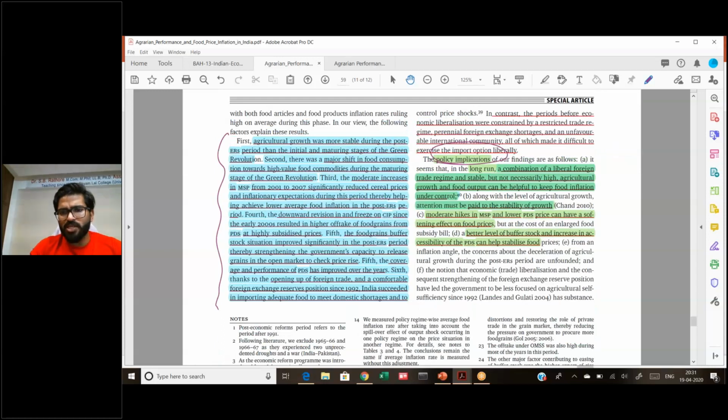The policy implication is that in the long run, we want to have a liberal trade policy, and we also want to focus on the stability of the growth rate, so that once the yield increases, we can always tame down the inflation. And the other factor is that we can have a better buffer stock management policy through which we can stabilize the price. So this has been our overall discussion on this particular reading.